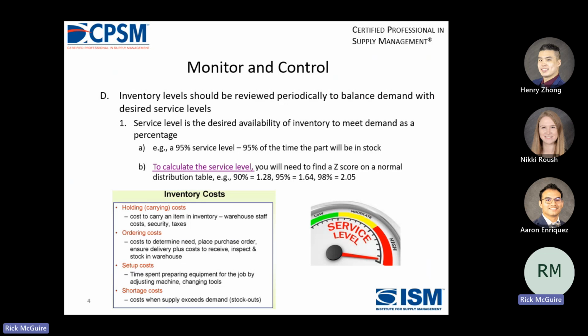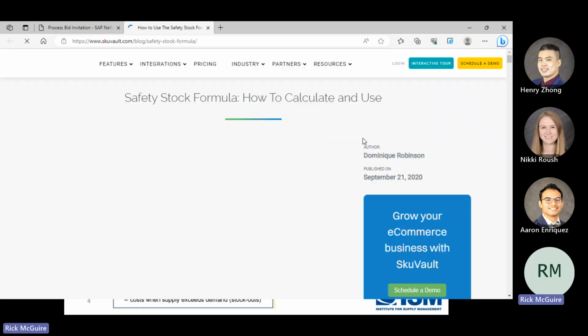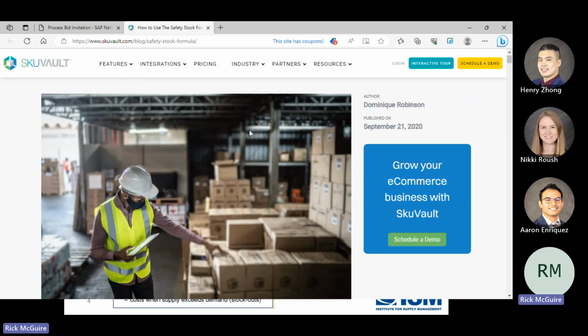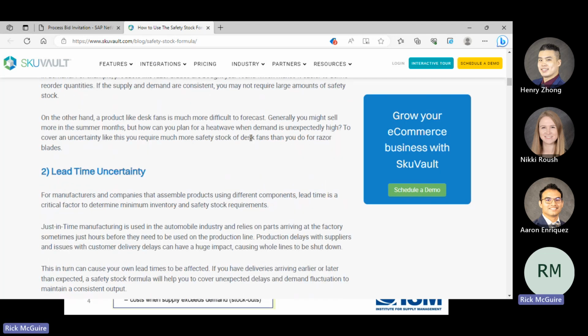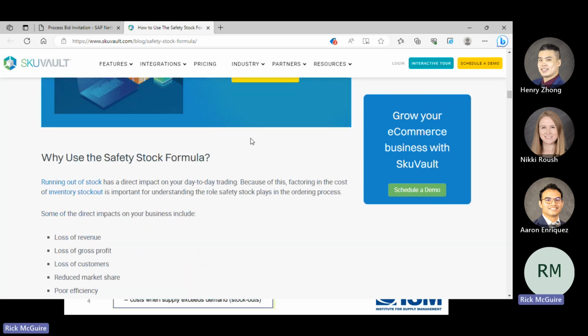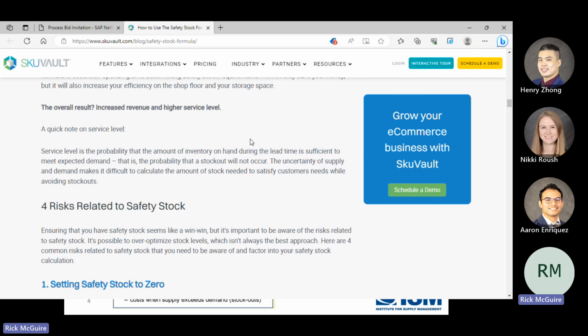To calculate a service level, you need to find the Z-score, and if you've had statistics at all, you'll remember how to do this. But here are some common Z-scores: 90% is 1.28, 95% is 1.64, 98% is 2.05. And then there's a formula you can use. And this guy will go through it ad nauseam if you really want to figure out how to do that safety stock level.